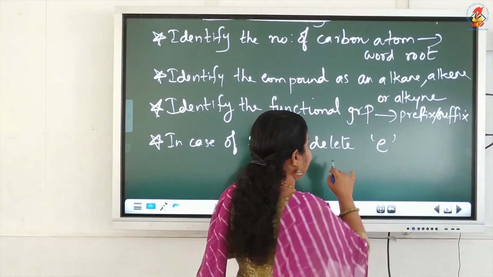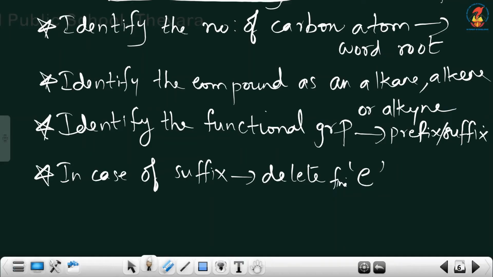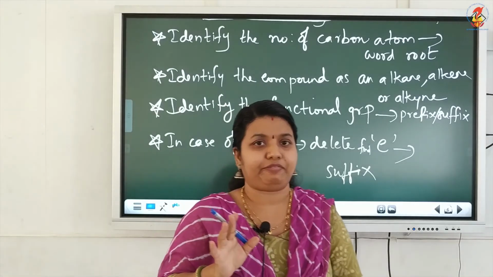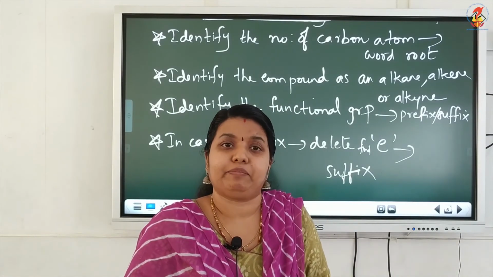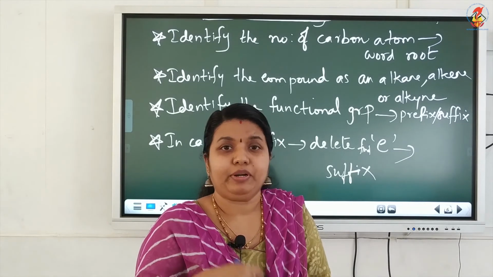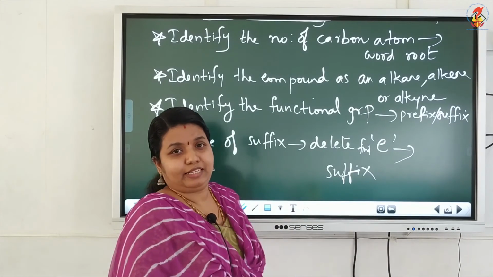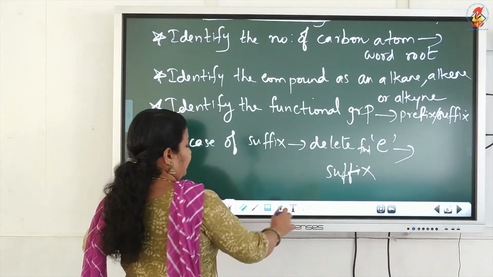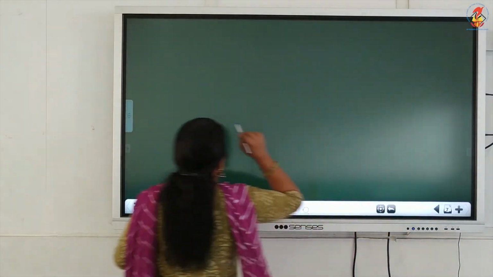Delete the final E and add the appropriate suffix in its place. So, in case of suffix, delete the final E from the name of the compound and add the appropriate suffix. Now we will see what are the suffixes and prefixes to be added.